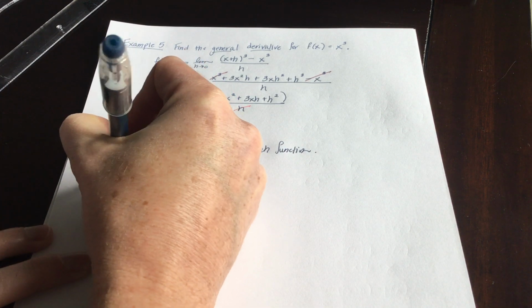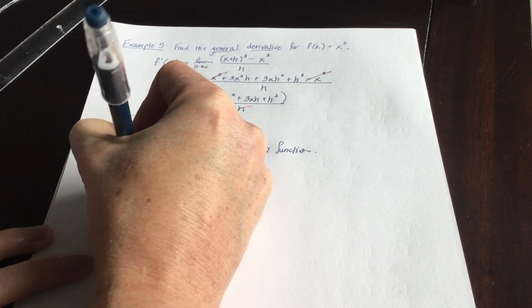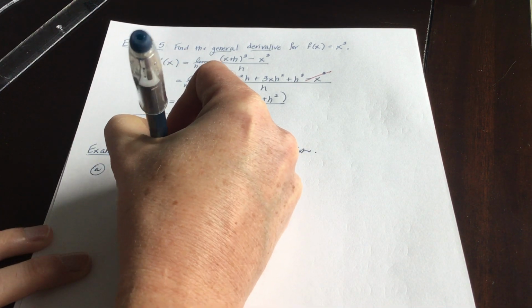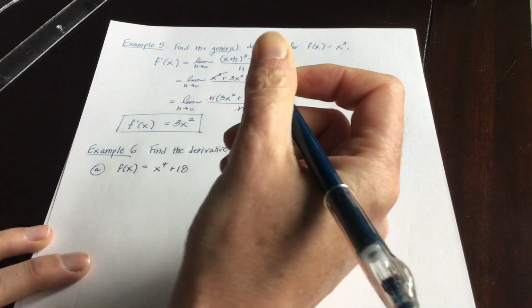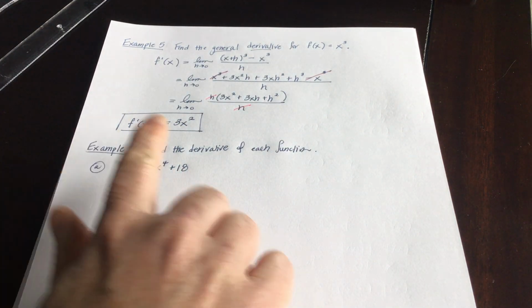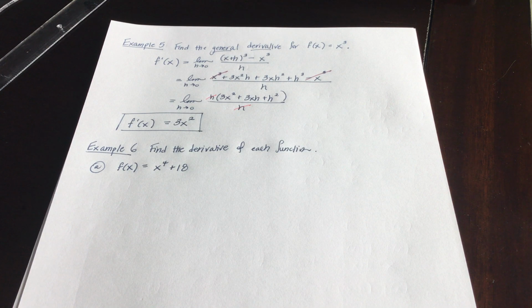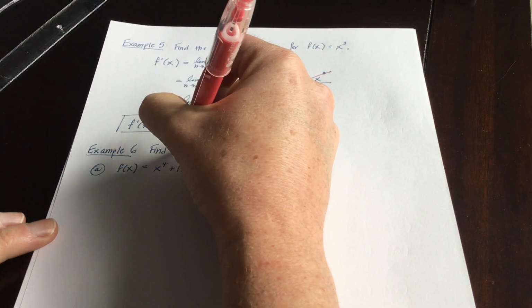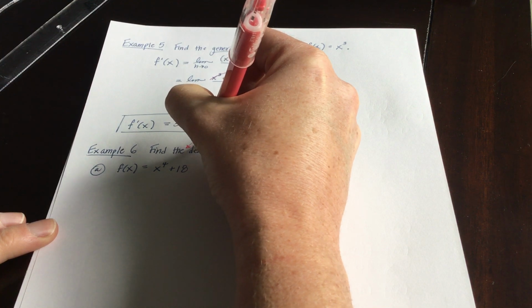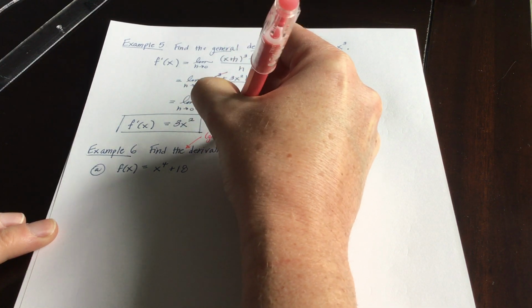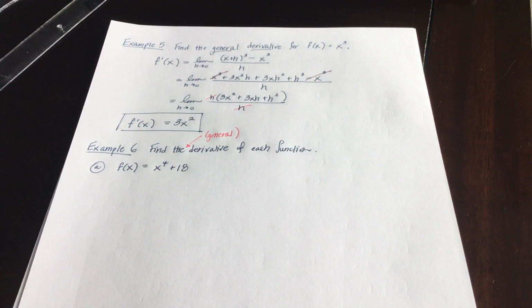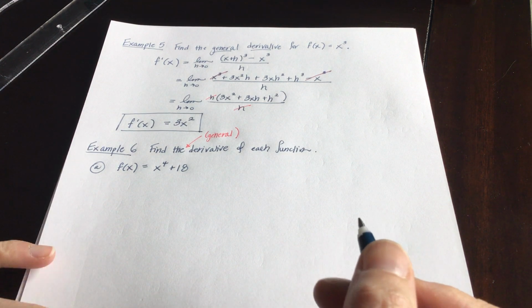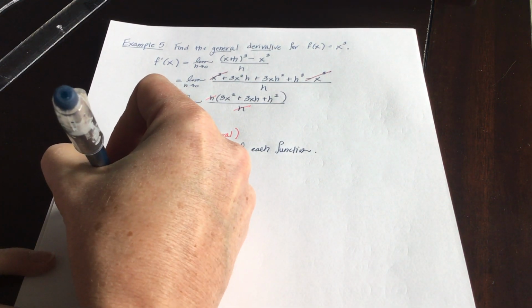Part A, let's give you f of x equaling x to the 4th plus 18. Now, a comment: when they say find the derivative and they don't ask for it at any certain point, the word general is implied. So they are asking you for f prime of x. All right, my friends, go ahead and see how this one treats you, just using the limit process. And then we'll go through it together.